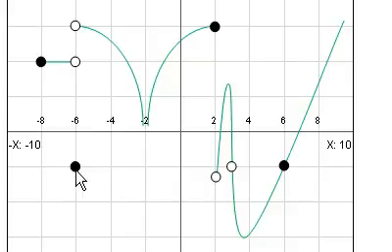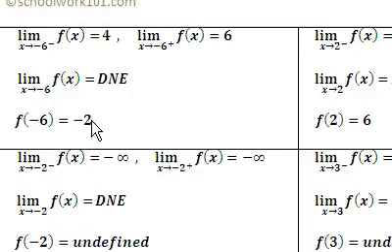So we'd have to go down here and look at this black dot and its corresponding y value, which I don't have labeled on the axis, but I think we already talked about it. At -6, it's this corresponding y value here, which happened to be -2. And then you would do that for some of these others.